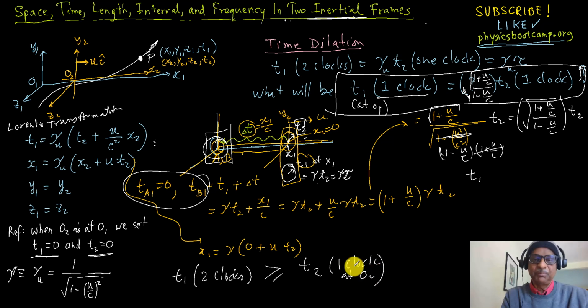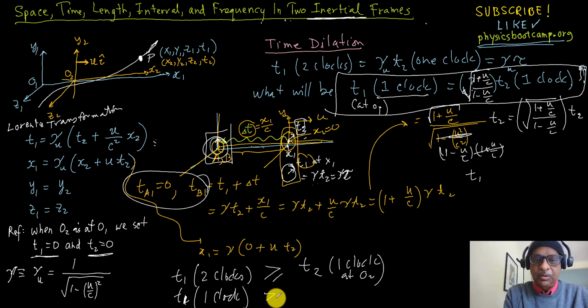So this is the proper time. So always going to be greater than or equal to that. That's one observation. But even for 1 clock, if I want to say what's happening over my origin compared to what's happening at the origin of that, so how much time t1 1 clock is equal to t2 1 clock at O1.